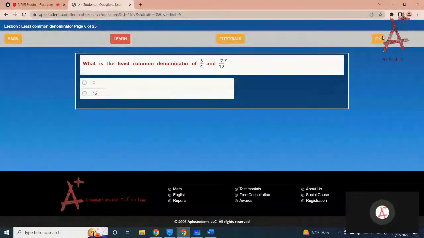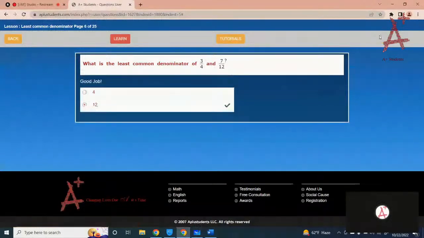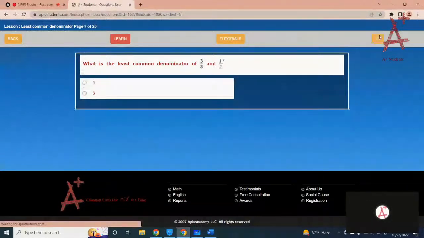Okay, what is the least common denominator for 3 by 4 and 7 by 12? It is 12. Got it? Just select the correct option and then click on the OK button. What is the least common denominator for 3 by 8 and 1 by 2?